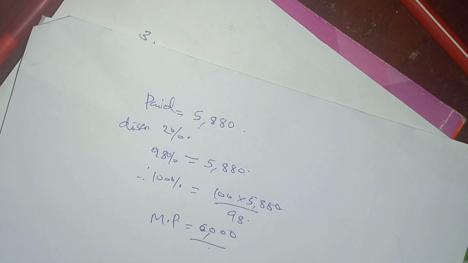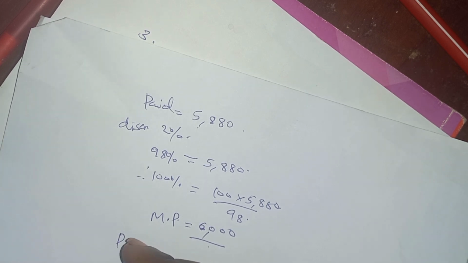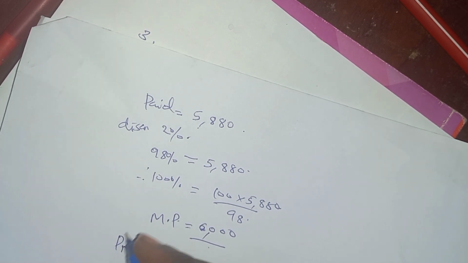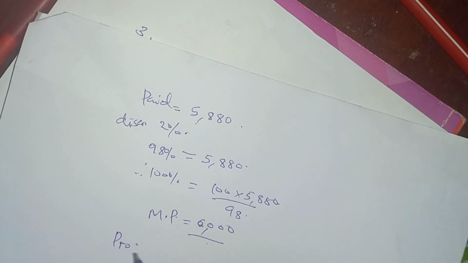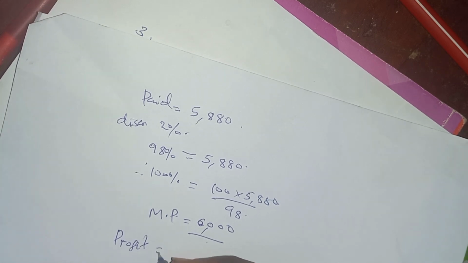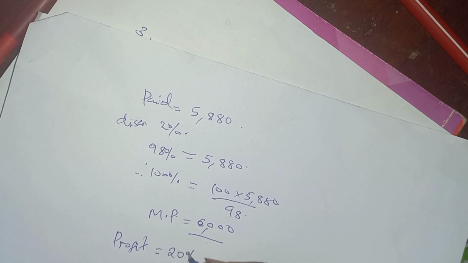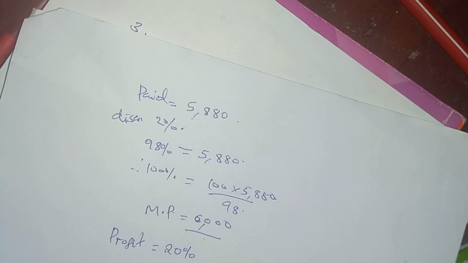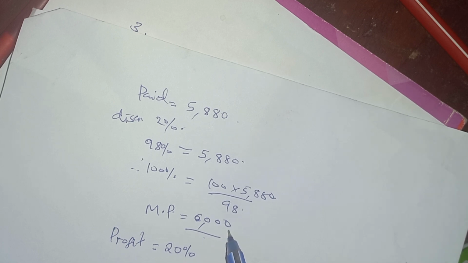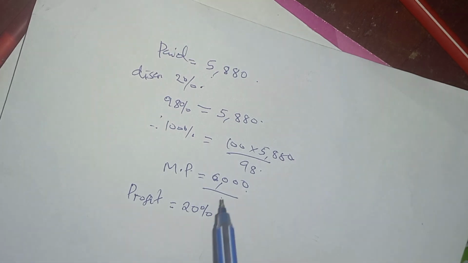Then we are told that if the discount had not been allowed, the shopkeeper would have made a profit of 20%. If the discount was not allowed, the selling price would be 6,000.